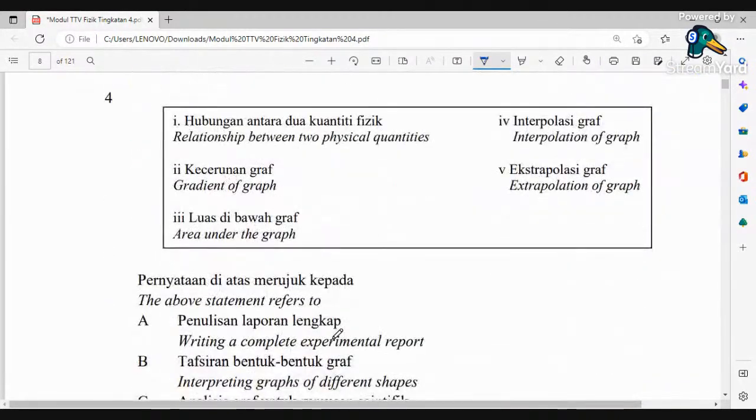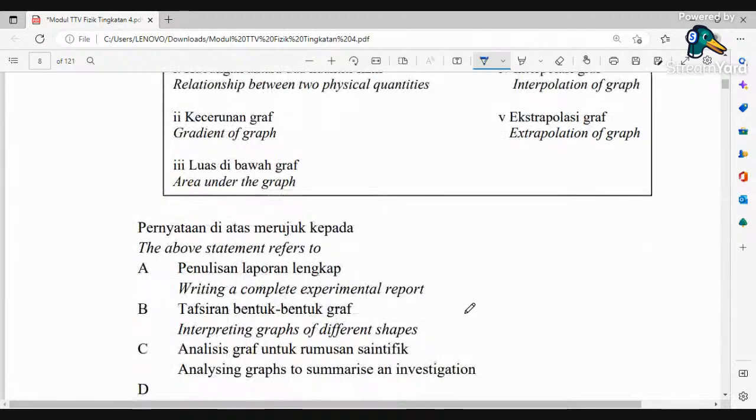Okay, number 4. Relationship between two physical quantity, gradient of the graph, area under the graph, interpolation, extrapolation. The above statement refers to yang mana?